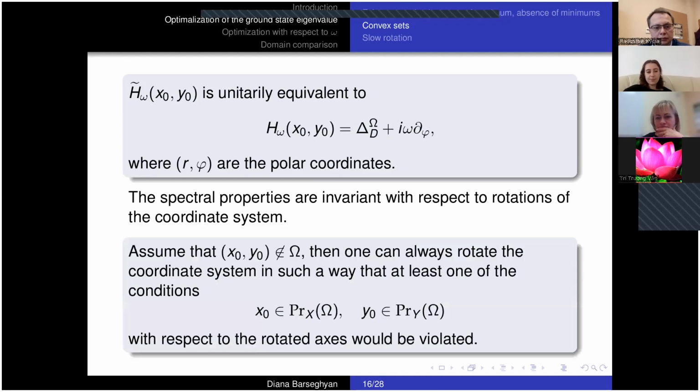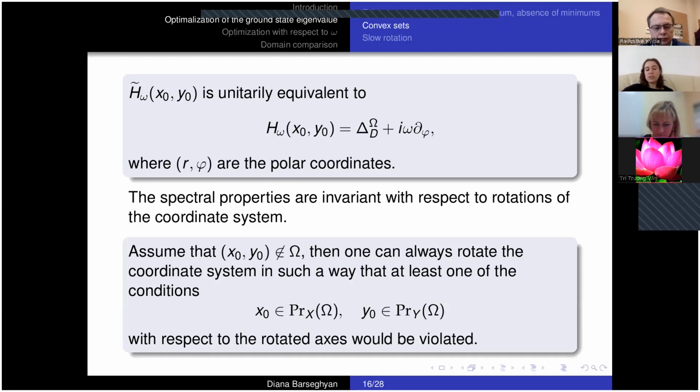Next, please. Now, supposing that x0, y0 does not belong to the domain omega, and using the important fact that omega is a convex set, you can always rotate the system of coordinates in such a way that at least one of these formulas, x0 belongs to the projection and y0 belongs to the projection, will not be satisfied.